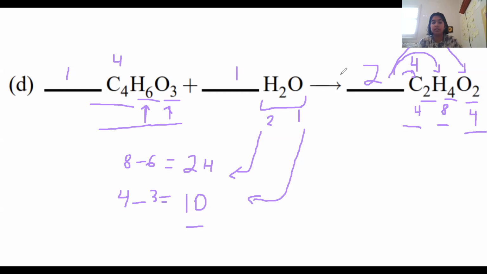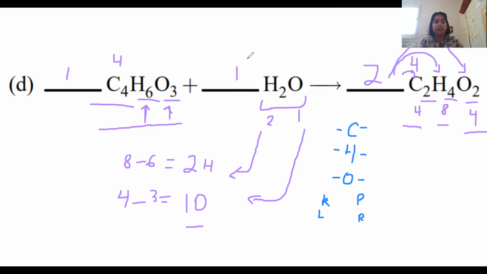Let's double check. So I see carbons, I see hydrogens, and I see oxygens, right? So let's put our little dashes right here, and right here. So remember, this is for the reactant side or the left side, and this is for the product side or the right side, right?